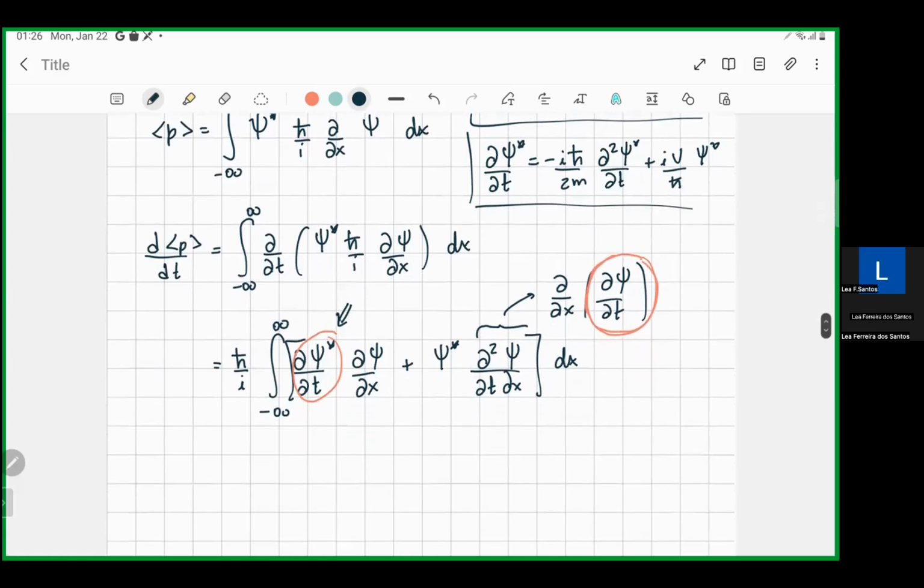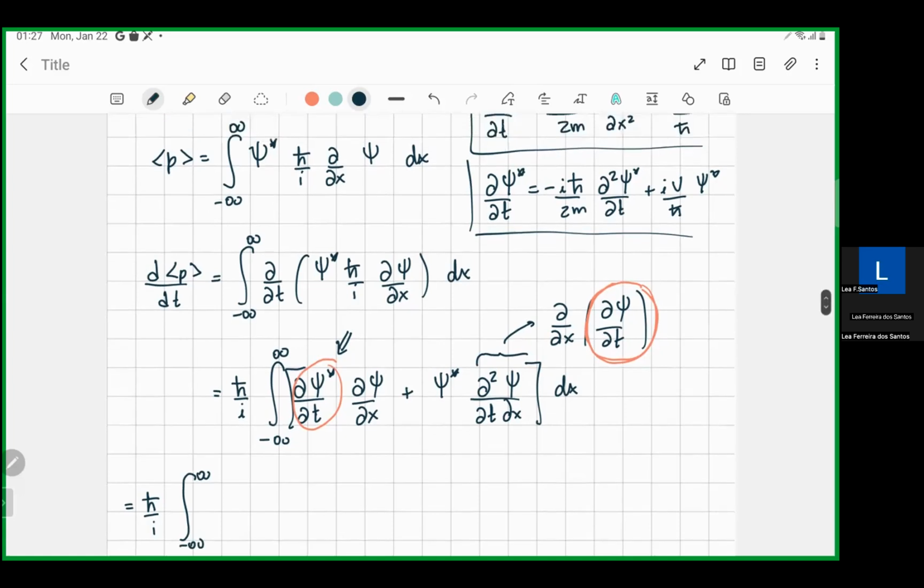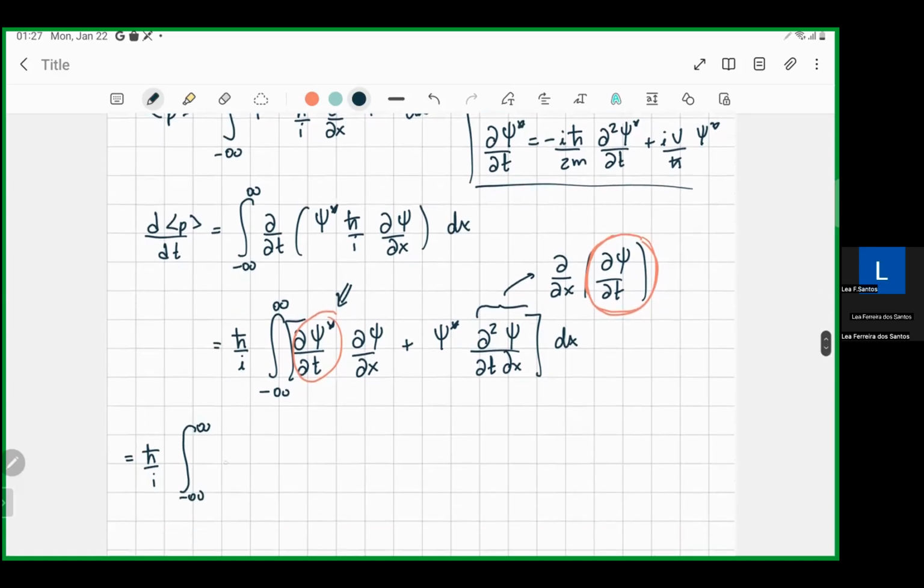Okay, so let's then rewrite all that. So we have h bar over i. Very good. Now let's be patient to write all those terms. And so that integral, let's go step by step. So this term here, I'm going to copy what I see there, minus i h bar over 2m, second derivative.